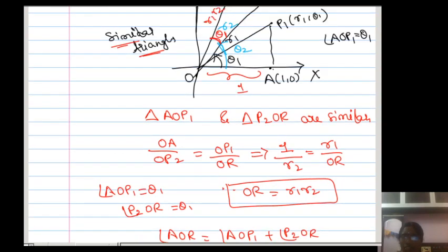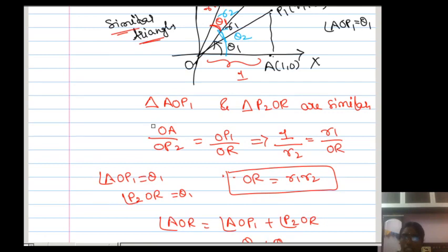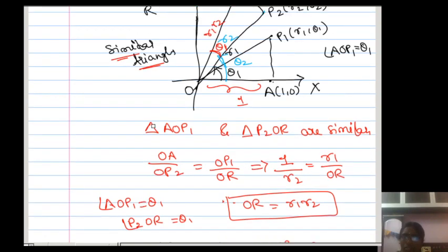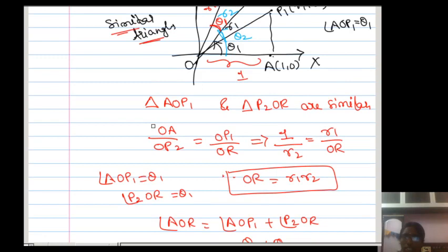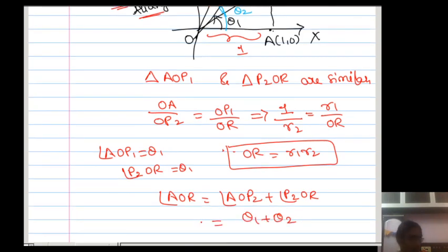Next, whenever I want the angle AOR, I have to take AOP1. Next, what is the angle AOP2 I want now? Because instead of P1, I want P2 here. Since AOP2 plus P2OR gives the total angle AOR.